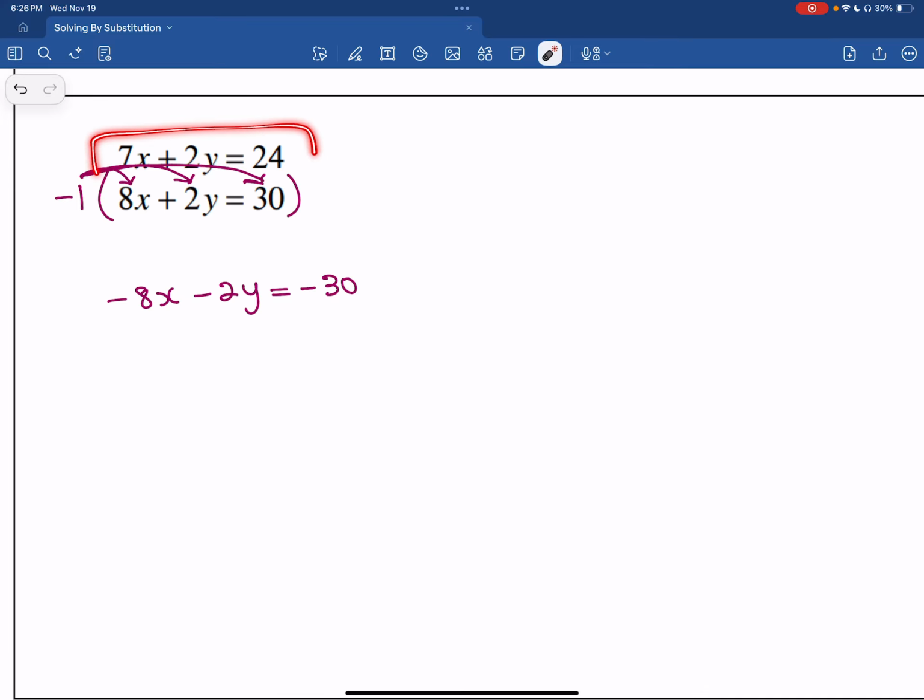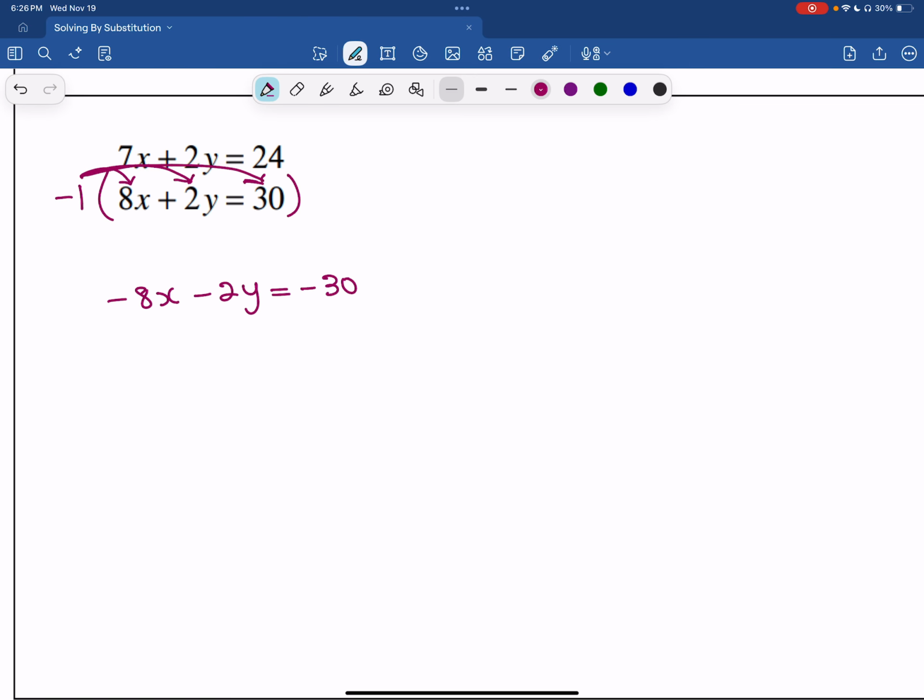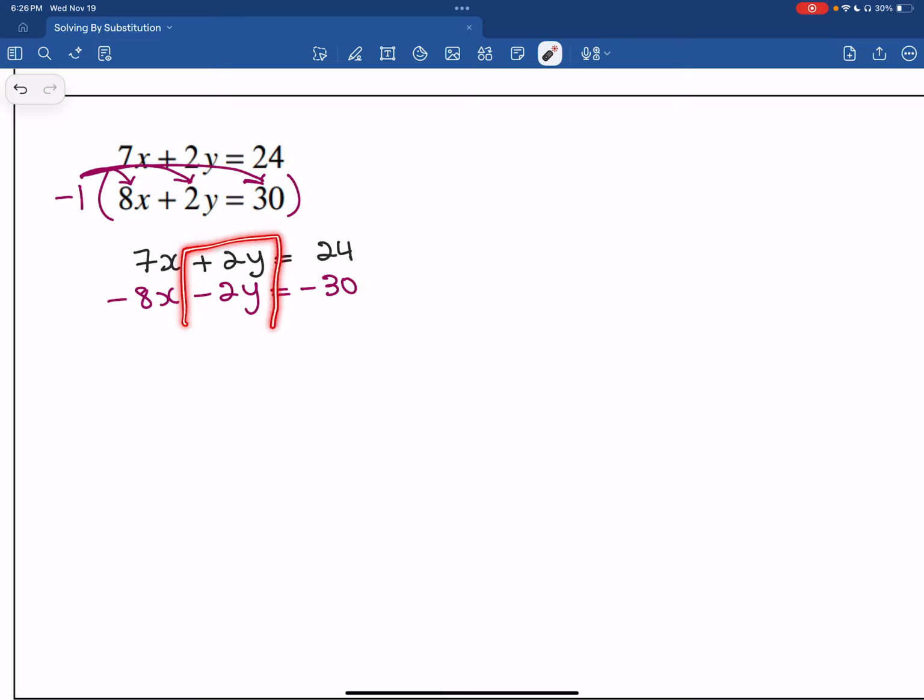Then I'm just going to rewrite my first equation on top of the equation that I just found. 7x plus 2y is equal to 24. Now that I have opposites in my equations, I can just use elimination and solve. So we can just add the two equations together and simplify.